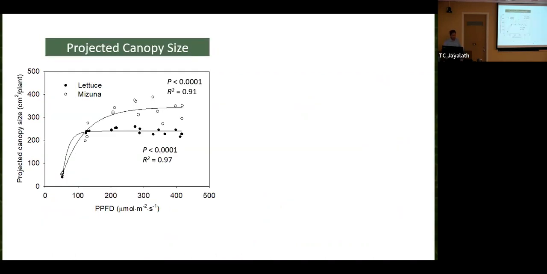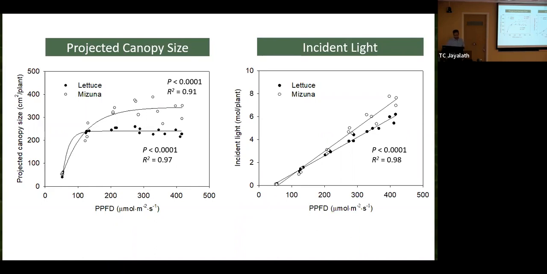We also looked at the projected canopy size at harvest, and it is higher in Mizuna compared to lettuce when the light level is more than 125 PPFD. The benefit of a higher projected canopy size is that the plant can intercept more light because its leaves are bigger. So we calculated the incident light, the total amount of light that a single plant received throughout the growing period.